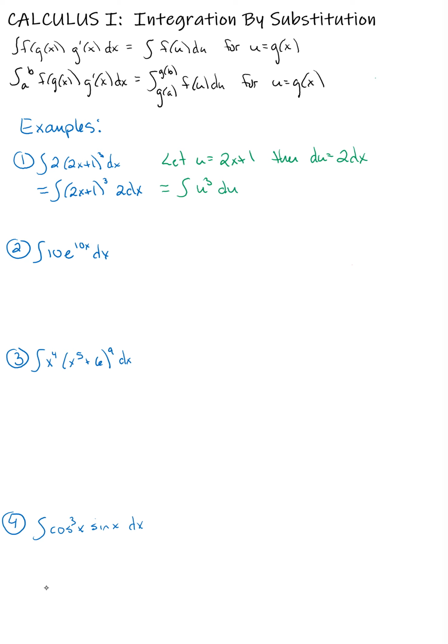And of course, we can integrate that. The integral of u cubed du is simply 1/4 u to the 4th plus c, don't forget that arbitrary constant there in the back.